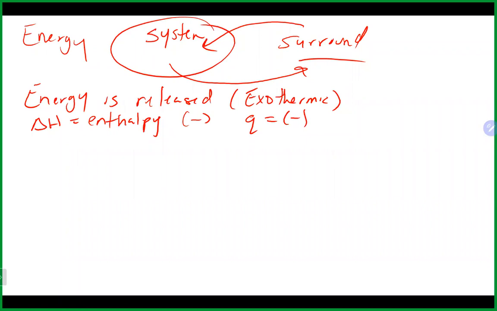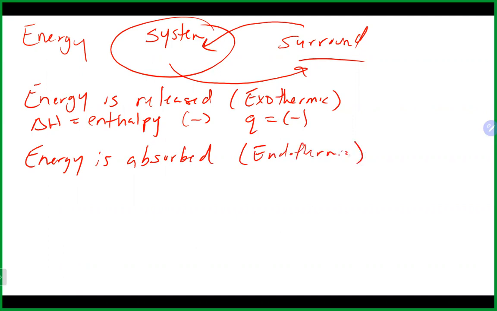Now, as somebody releases a certain amount of energy, there will be somebody else that will pick up the exact same amount. And in those cases, that is energy that is going to be absorbed, and that is what is known as an endothermic process. The same energy values will be positive if you're dealing with an endothermic process.